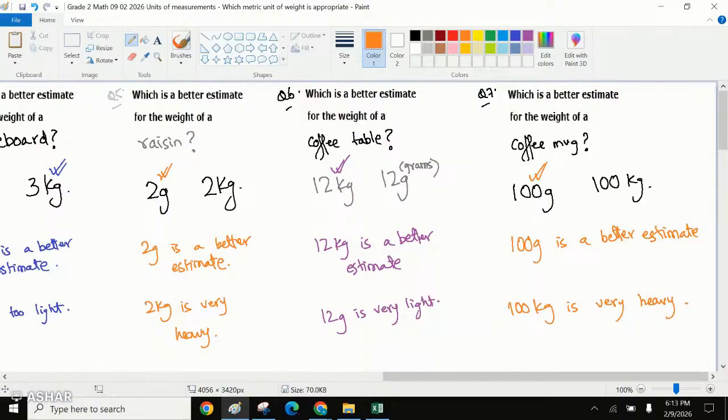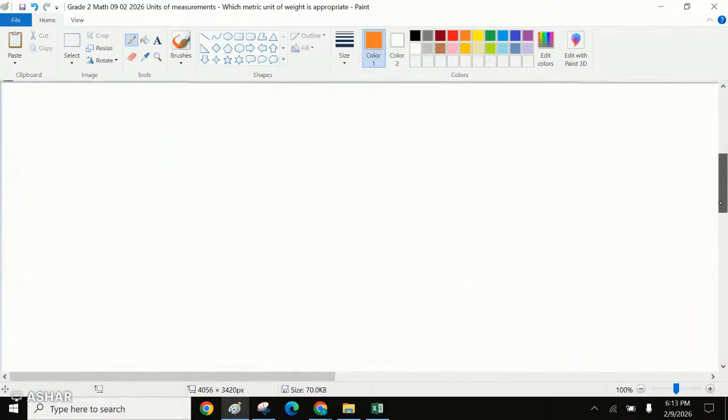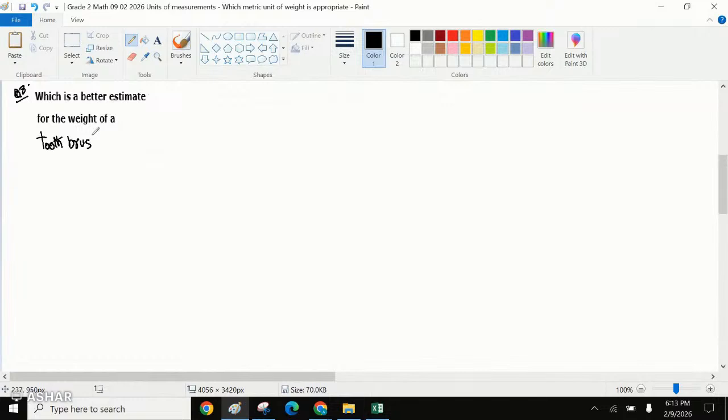Thank you. Let's move ahead. The next one they are asking about is the weight of a toothbrush. How heavy can a toothbrush be? So this would be our question number 8. They are asking whether 17 grams or 17 kilograms is a better estimate for a toothbrush.